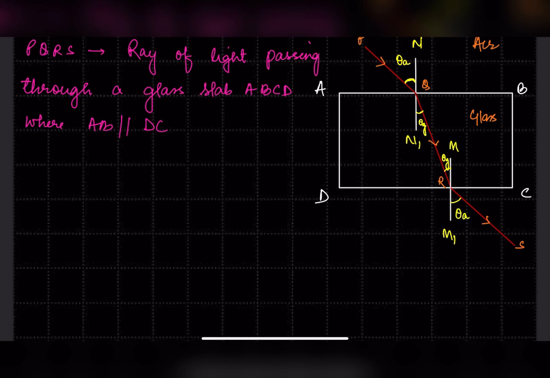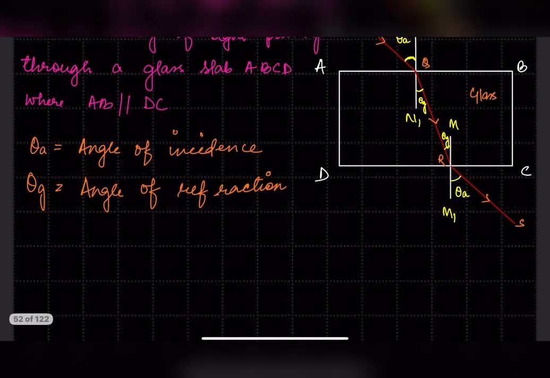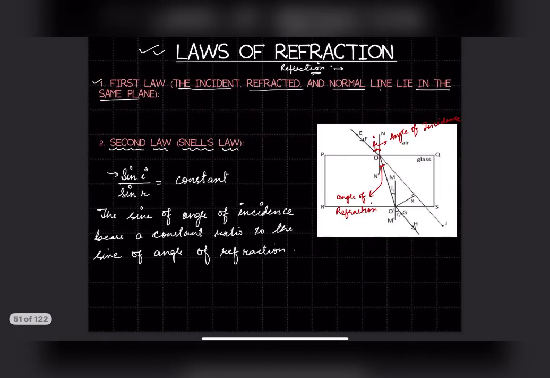What is theta A? Theta A is the angle of incidence, and theta G is the angle of refraction. Now, we know the second law. You know the second law, right? The second law of Snell's law we have discussed: sin I by sin R, the sine of the angle of incidence by the sine of the angle of refraction is constant.